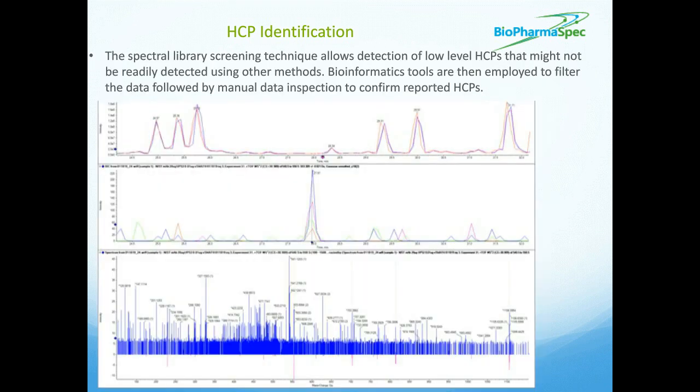This is an example of some of the software that we use to look at the detection of our low-level contaminants. So this uses our spectral screening method. So the top figure is the total ion current of the NIST-MAB sample with our dynamic range spike in it.